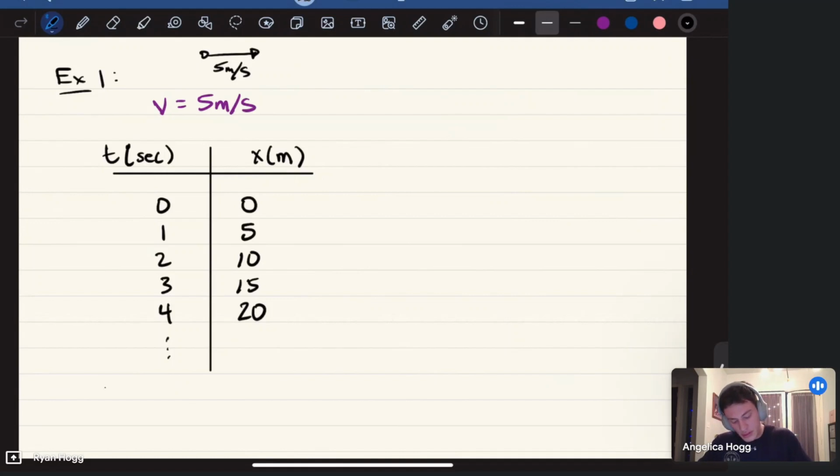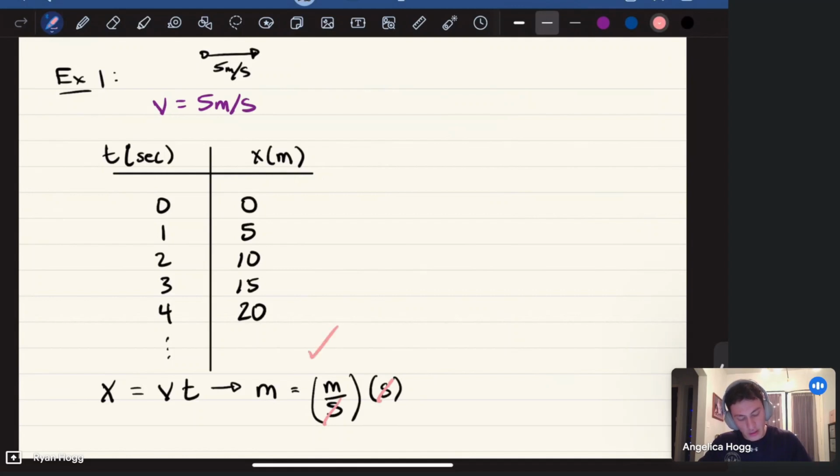We could say that his distance covered is equal to his velocity times his time. And that works out as far as units: his distance in meters covered equals his meters per second times his seconds that have passed. And that cancels out, and we can verify, yep, that makes sense.